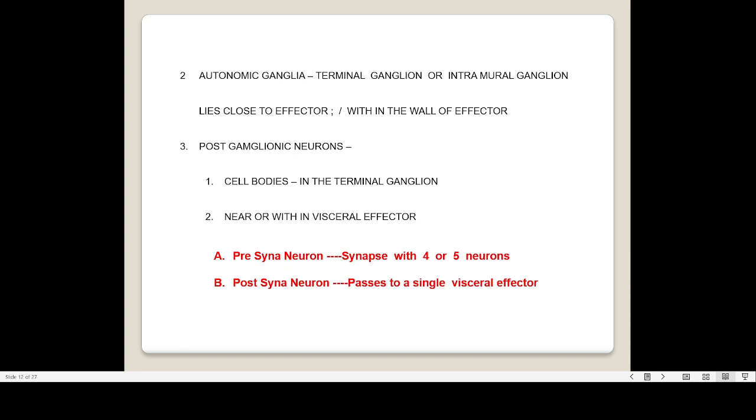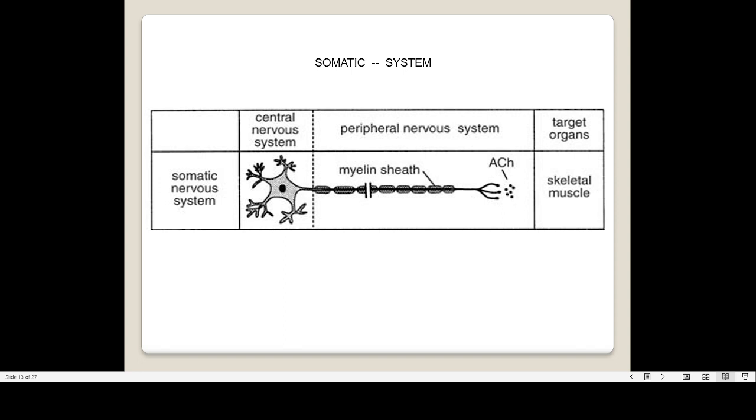Usually the presynaptic neuron synapses with 4 or 5 postsynaptic neurons, each passing to a single visceral effector, that is the innervation of the nerve fibers.